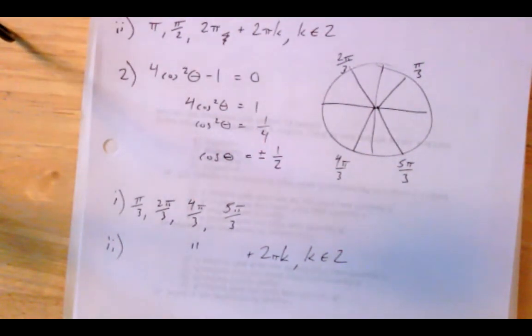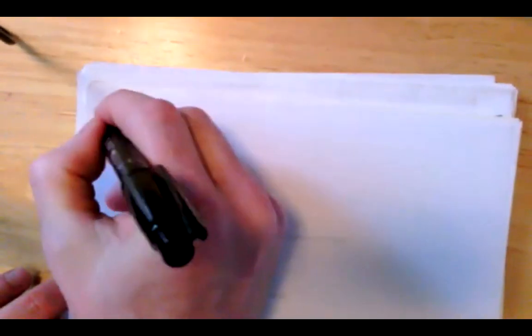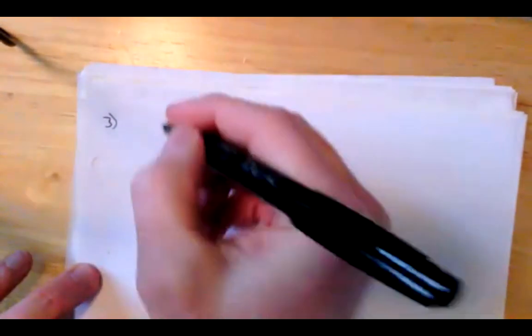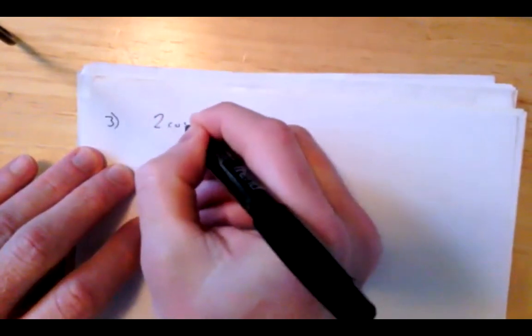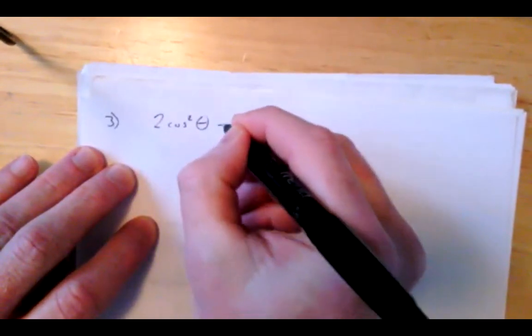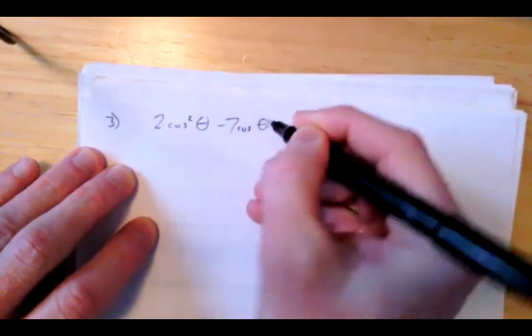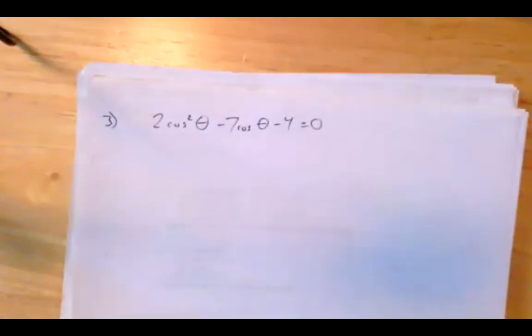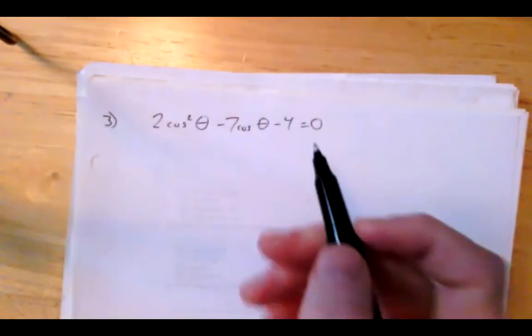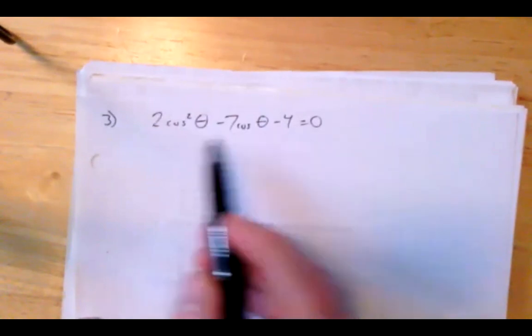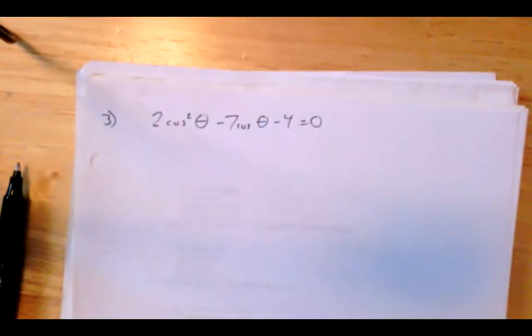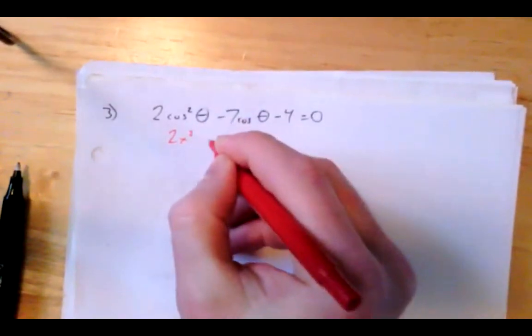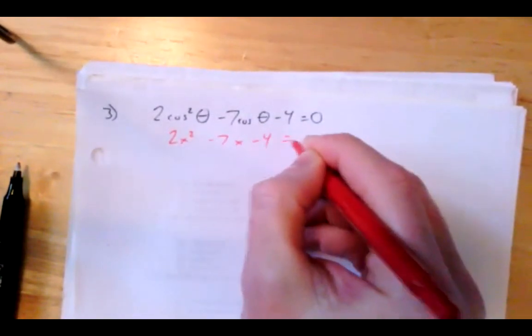Okay, here's where we've got to get some factoring. A new piece of paper, more junk pile. So this is example 3: 2 cos squared theta minus 7 cos of theta minus 4 equals 0. Like I mentioned before, you can treat these like x's if it's easier in your brain to say 2x squared minus 7x minus 4 equals 0.